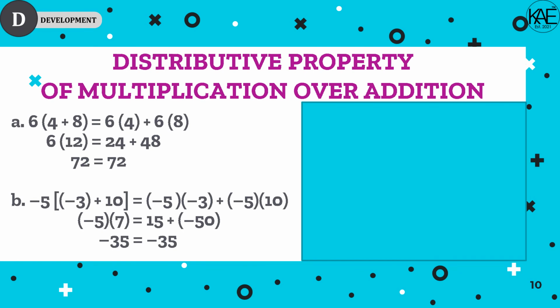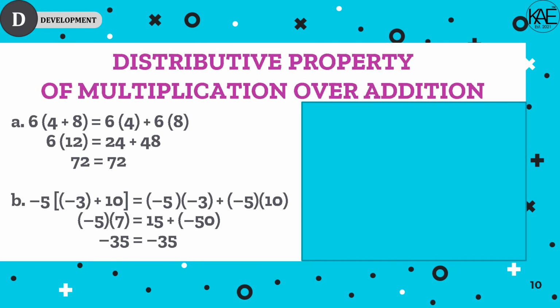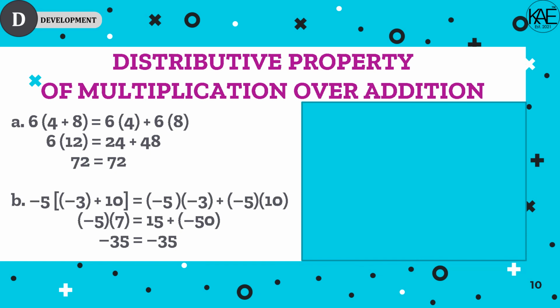Here are some examples showing the distributive property of multiplication over addition. Letter A, 6 times the quantity 4 plus 8 is equal to 6 times 4 plus 6 times 8. 6 times 12 is equal to 24 plus 48. Answer: 72 is equal to 72.